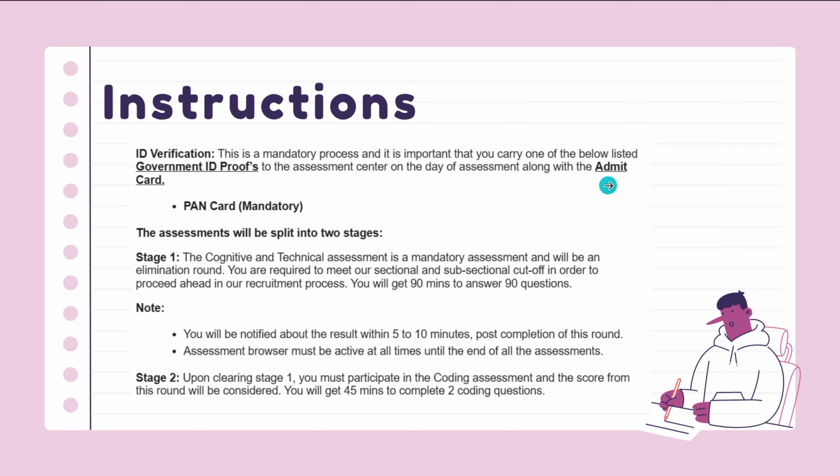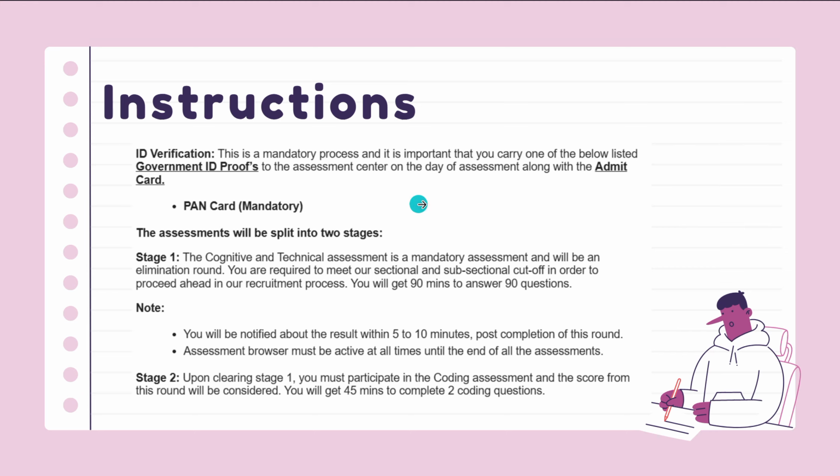You have to take the Xerox copy of your admit card as well as your PAN card with you. For us, it was conducted in our college only. We took our PAN card as well as admit card Xerox copy with us. These 2 are only allowed into the exam hall.